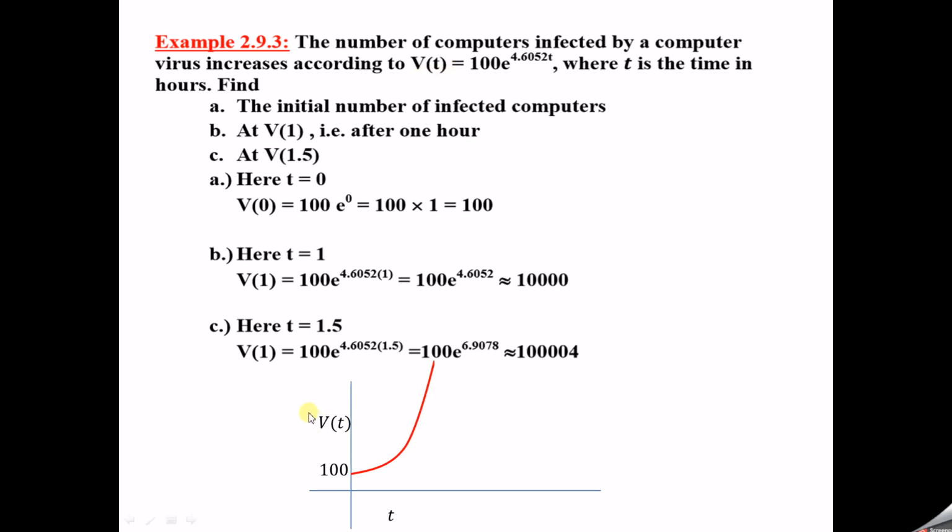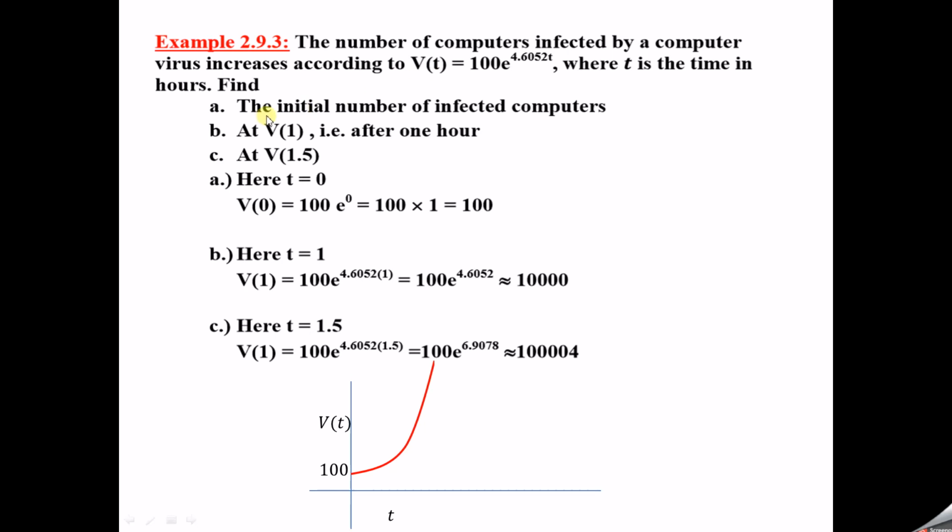The amount of bacteria depends on time t. For different times you will get different amounts. We are given this equation, V(t) equal to 100 times e power 4.6052 t. By putting different t values, that is different times, you can find the population of bacteria, that is V.